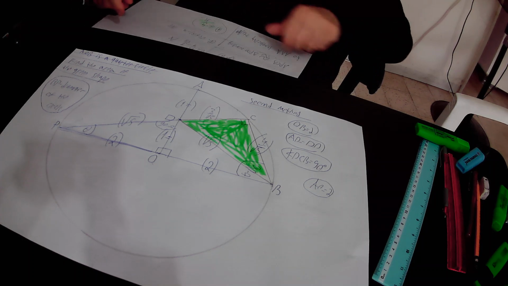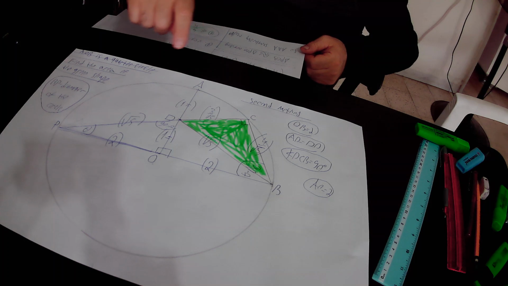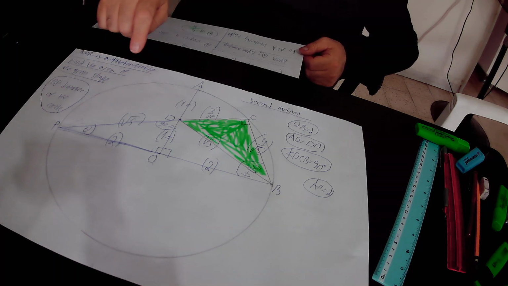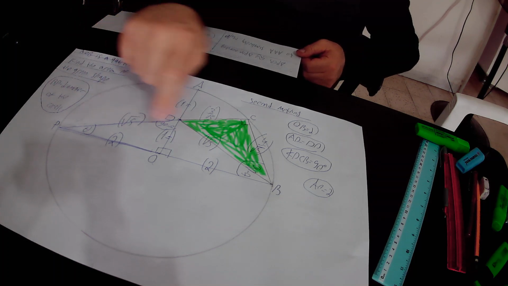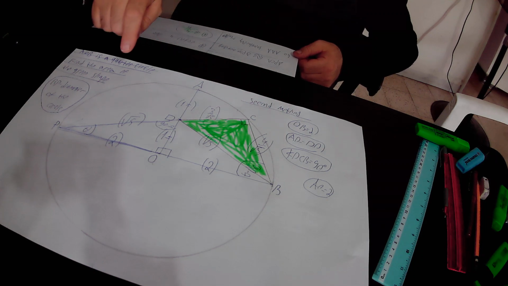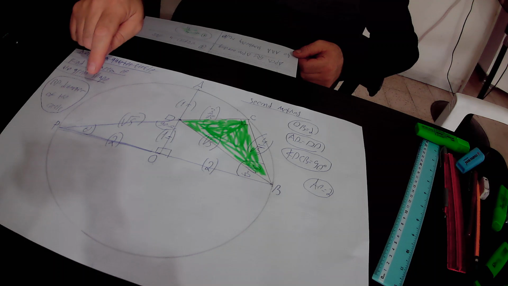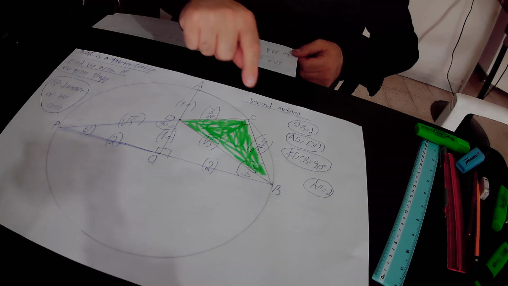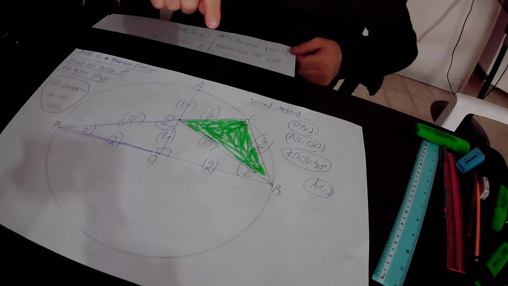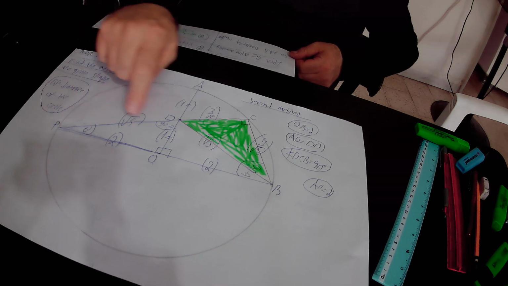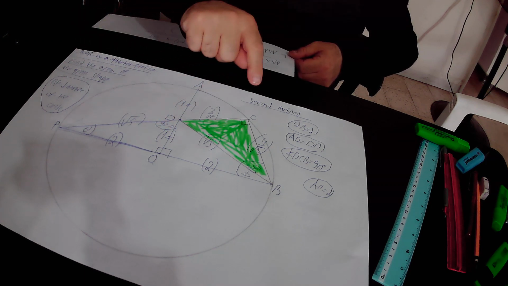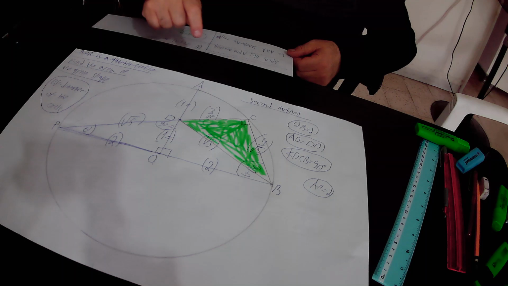Side PD in the small triangle over side PB in the big triangle equals side DO in the small triangle over side CB in the big triangle, and it equals side PO in the small triangle over side CP in the big triangle.